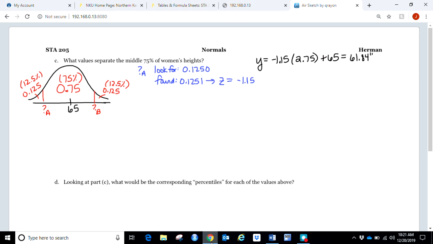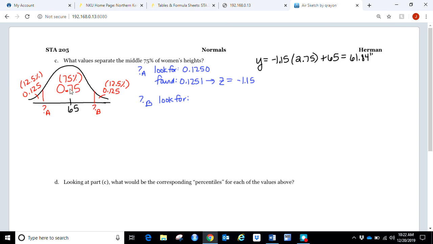But now I need to talk about question mark B. There are two different ways to approach this. I'm going to approach it using our picture here first. So what we got to figure out is what value we're going to go to the table looking for. So looking at this question mark, I have to figure out how much is to the left of that question mark.